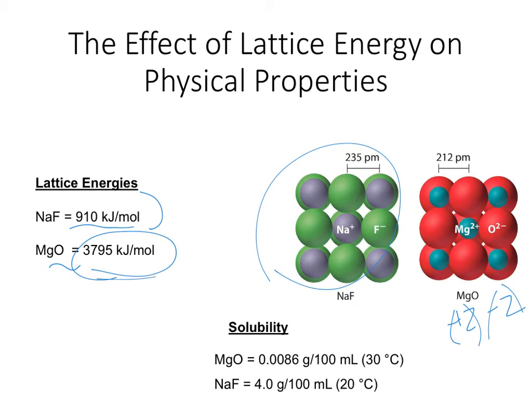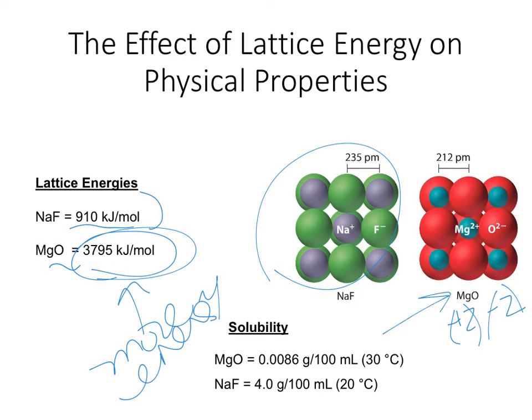So since the lattice energy of magnesium oxide is so much higher, it's going to take a lot more energy put in to separate those ions from each other. So in order for magnesium oxide to dissolve, the attraction between the individual ions, the magnesium ion and the oxide ion, with water better be really, really strong, or it's not going to want to dissolve.